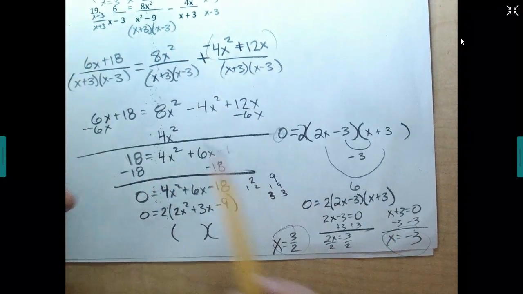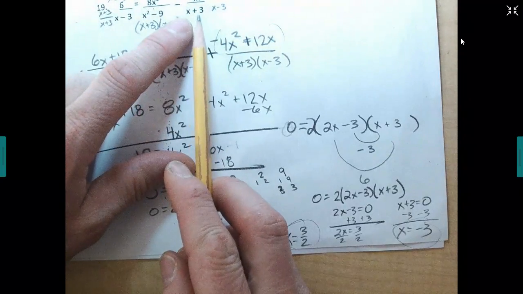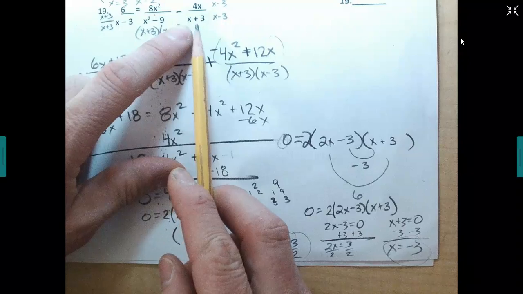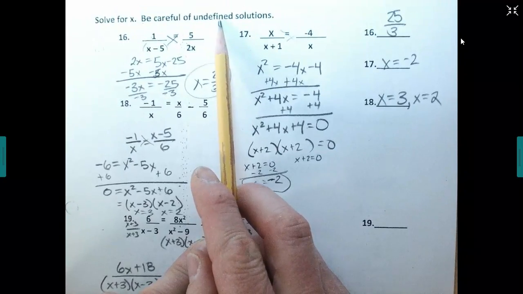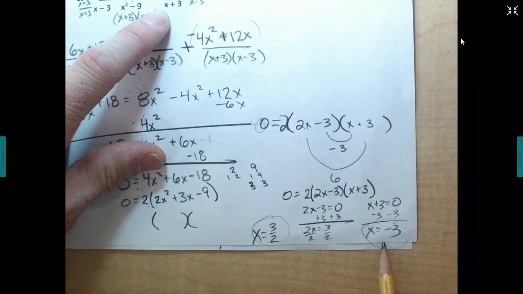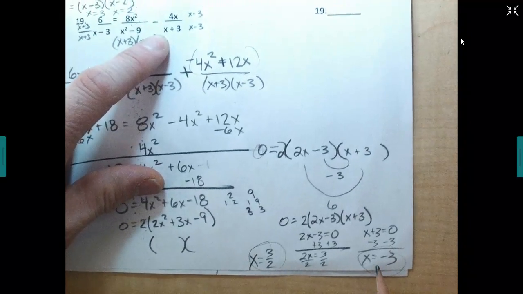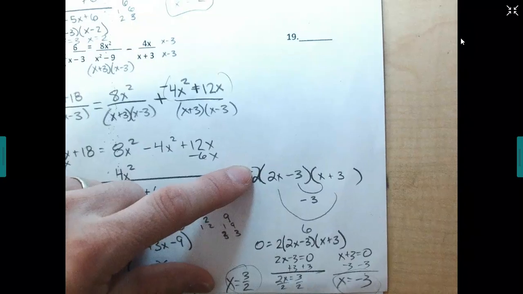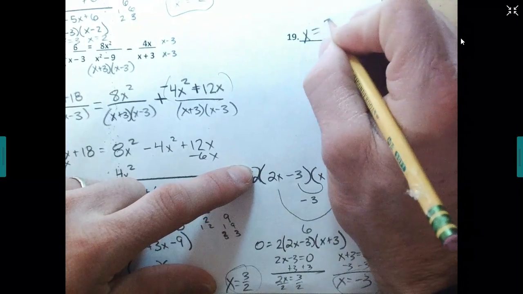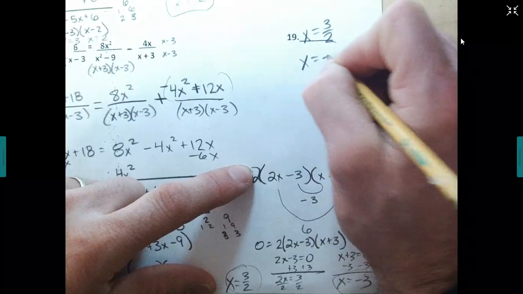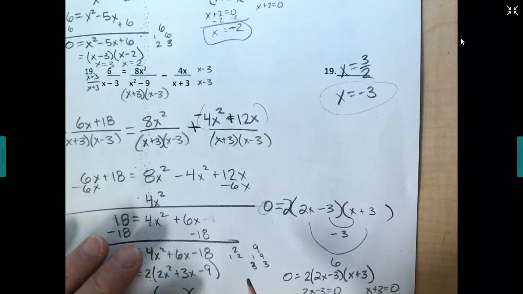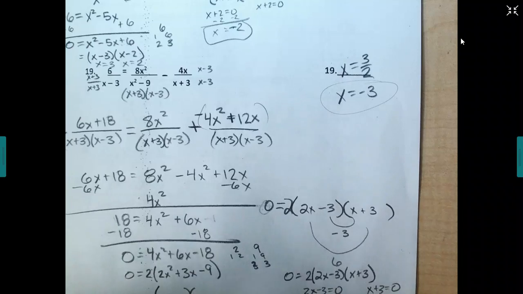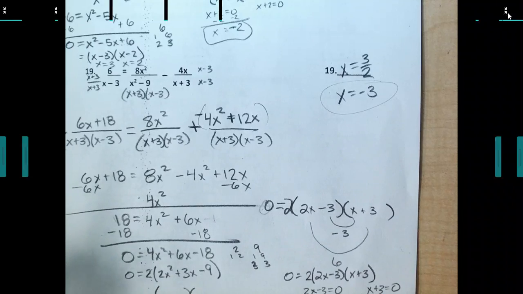Now if I look back up here, I can't have x equal a negative 3 because that would give me 0 in the denominator. So if you are worried about undefined solutions, the negative 3 is undefined. However, I didn't emphasize that, so we have x equals 3 halves and x equals negative 3. Again, this one gives you an undefined solution. There's your answers. All right, hope that helps.